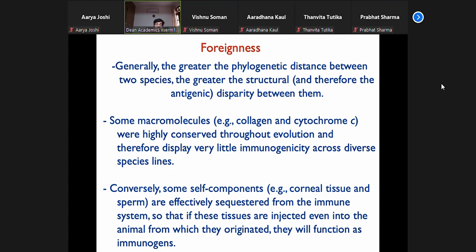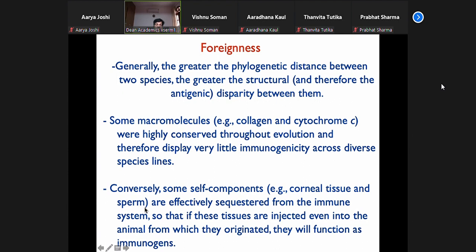The third point is, if, for example, you have your own antigen injected, they are going to be less immunogenic. However, there are exceptions here. One of them is, for example, corneal tissues or sperms.